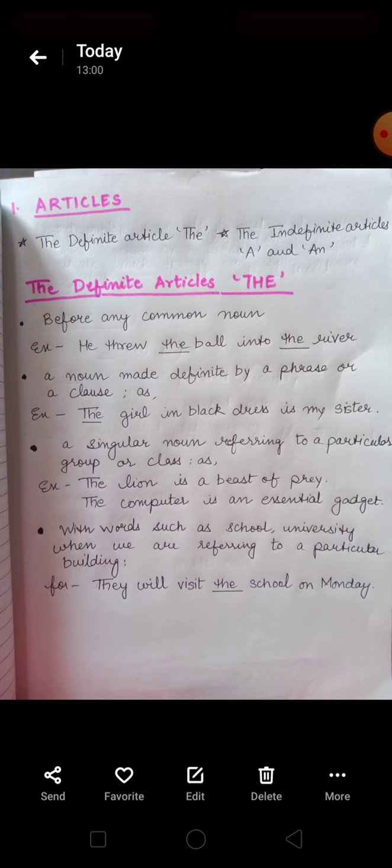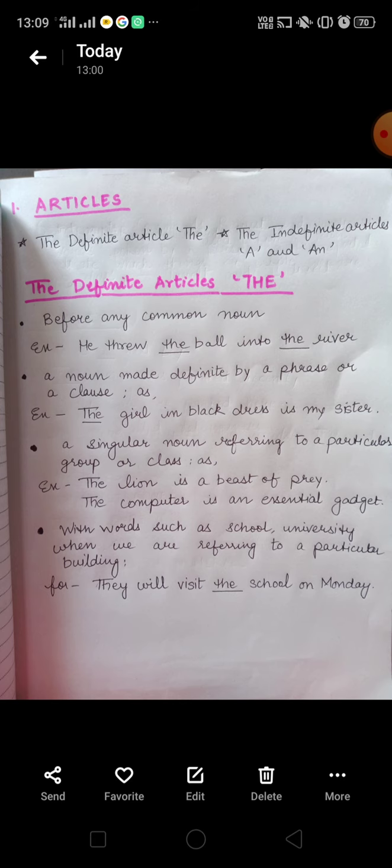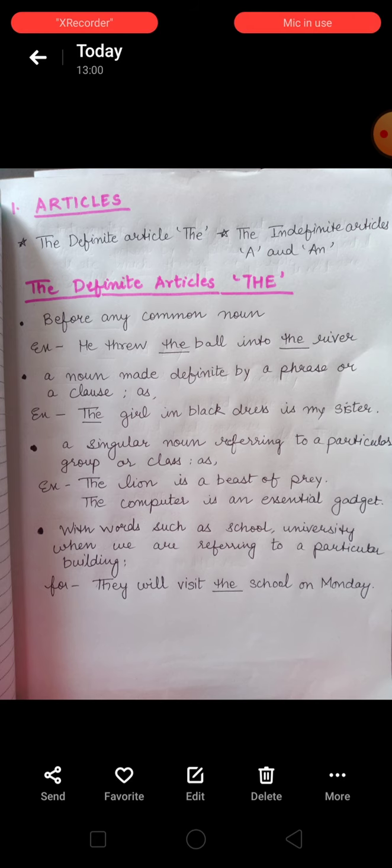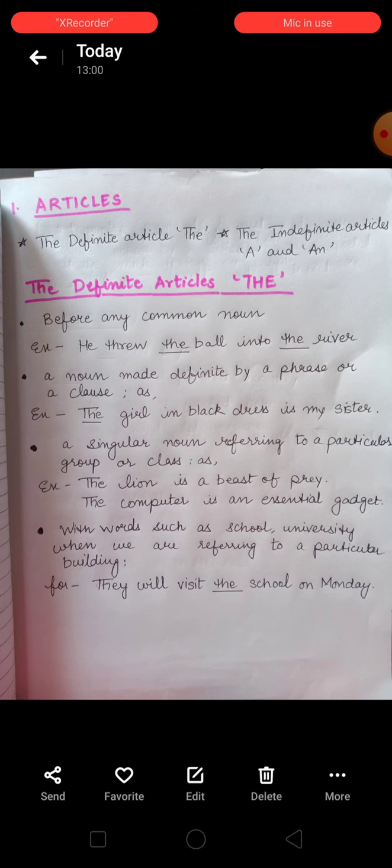So let's talk first of all about the definite article the. Before any common noun we use the. For example, he threw the ball into the river. Here we have used the two times, in front of ball and before river, right?